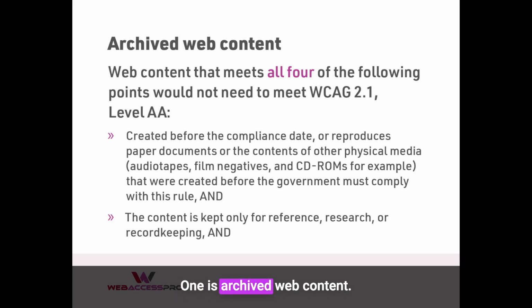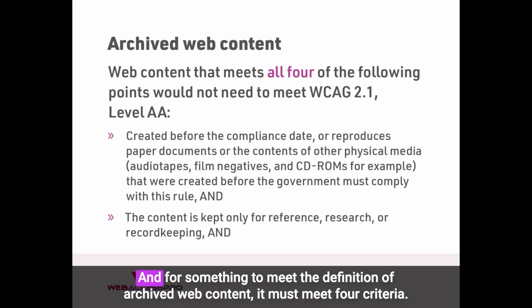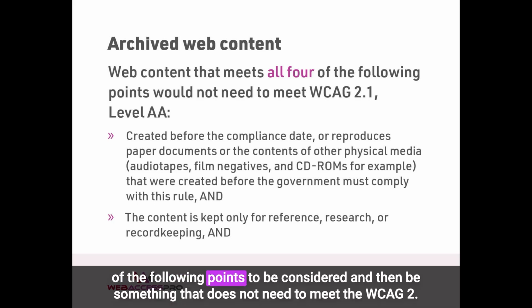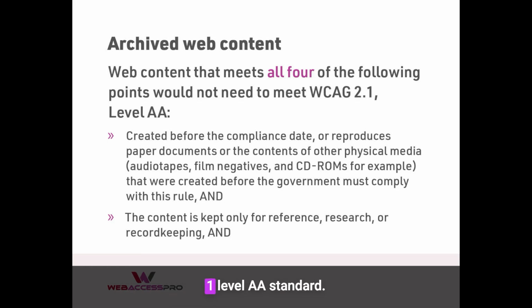One is archived web content. For something to meet the definition of archived web content, it must meet all 4 of the following points to be considered, and then be something that does not need to meet the WCAG 2.1 level AA standard.